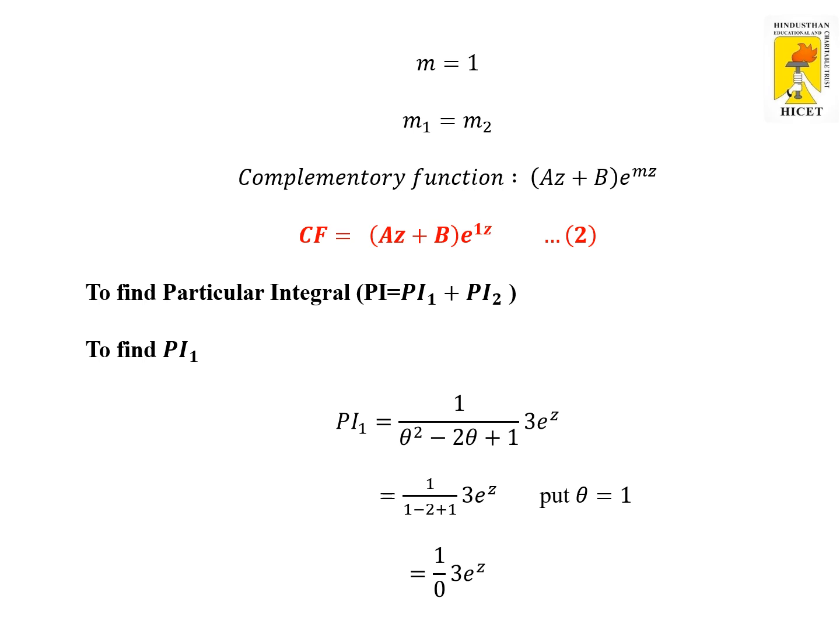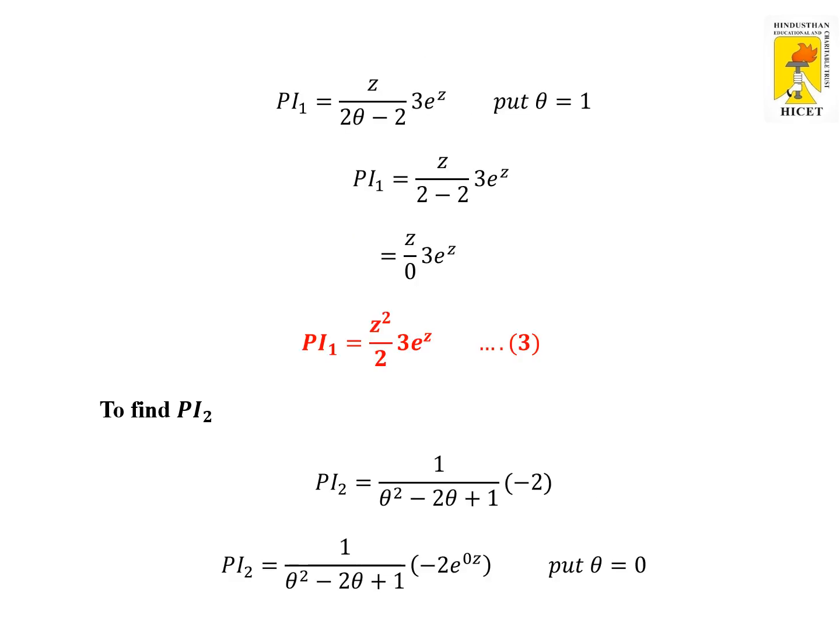So in this case we put z in the numerator, and differentiating the denominator we get 2 theta minus 2 into 3 e power z. Again substituting theta equal to 1, we get 2 minus 2. Once again we get 0 in the denominator. So this is not our required PI. So again we put z squared in the numerator, and differentiating the denominator we get 2 into 3 e power z. So here we don't have any theta.